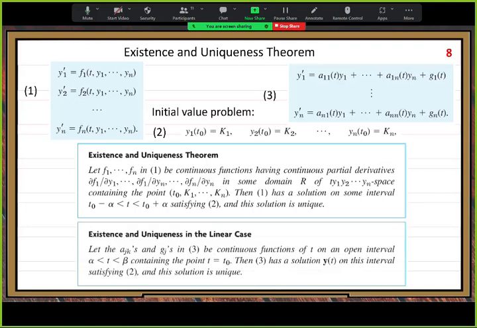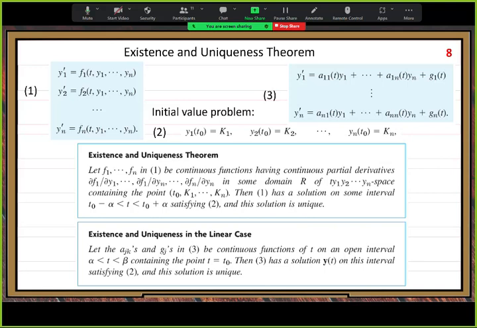For existence and uniqueness in the linear case, let the A, JK coefficient part and the G part in 3 be continuous functions of t on an open interval containing the point T0, the initial condition.